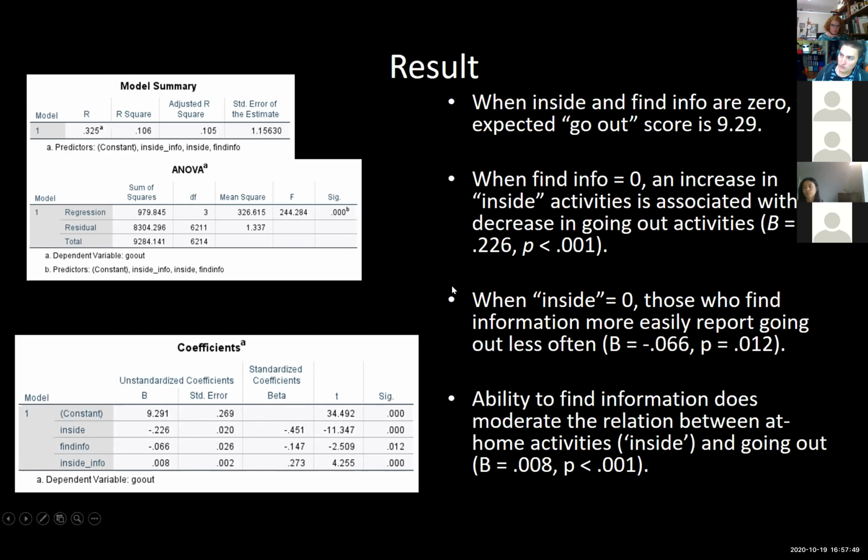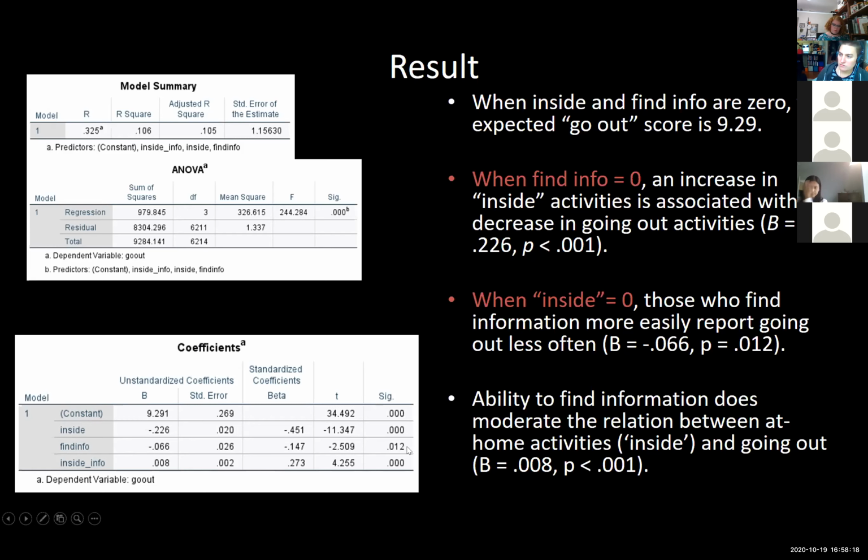So for this next one, inside, remember you have to place it in space, which is why I have highlighted these as red for you. When find information equals 0, increasing inside activity is associated with a decrease in going out activities. Negative 0.226. There's my p-value.